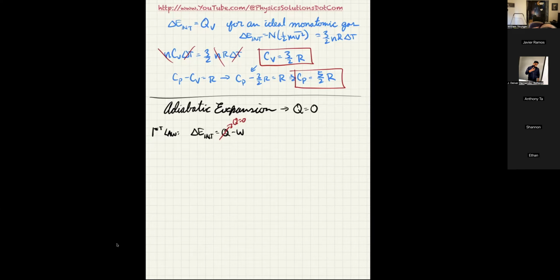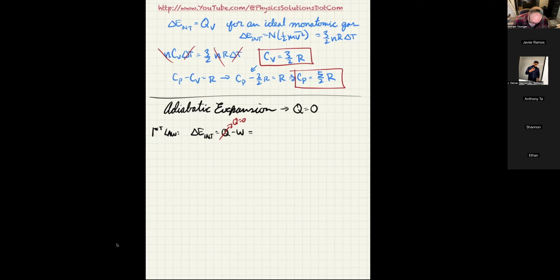So instead of having Q minus W, I just have minus W, which we can write as, well, you could, in principle, treat it as if it were a differential. That's one way of looking at it. So let's try that.